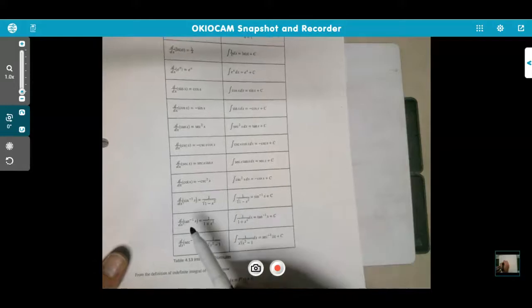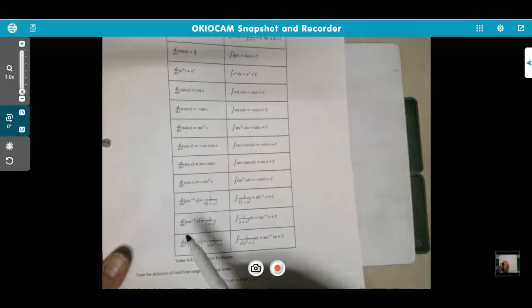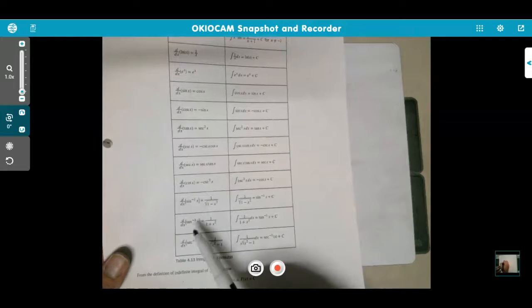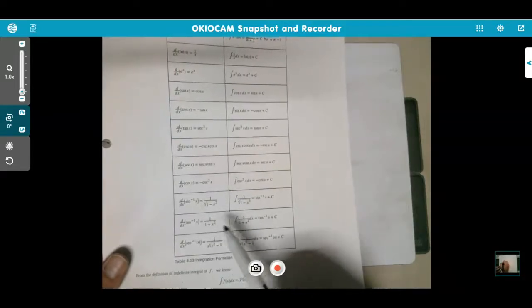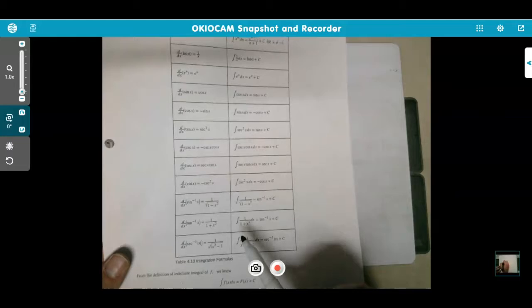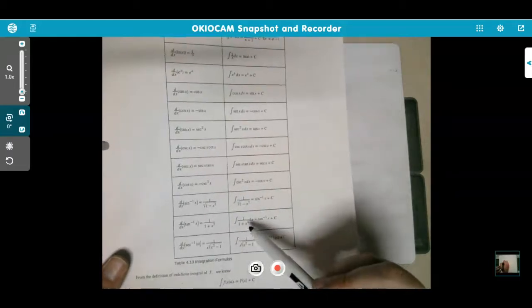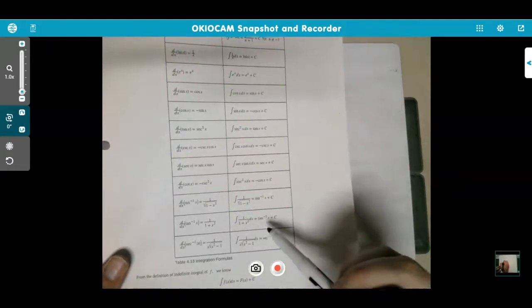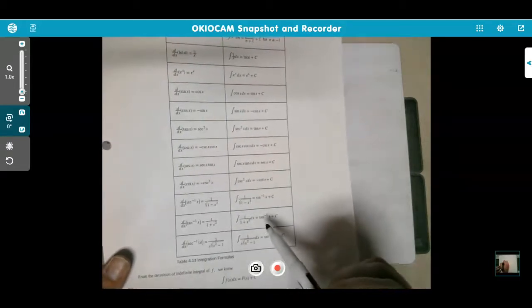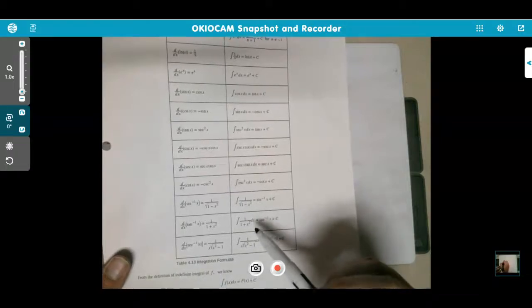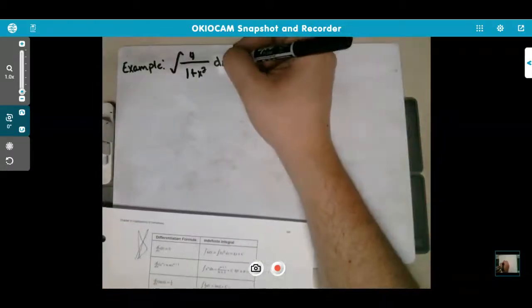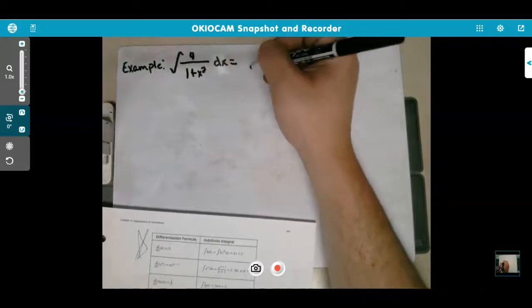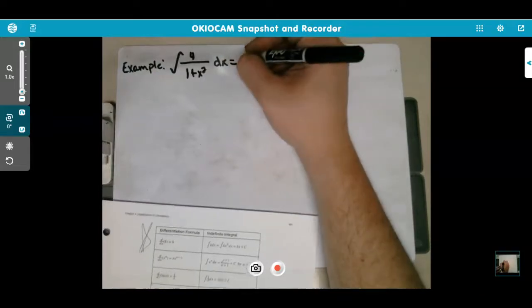We know from chapter 3 that the derivative of the inverse tangent of x is equal to 1 over 1 plus x squared. Therefore, the integral of 1 over 1 plus x squared is inverse tangent. Now this looks almost like mine, except we have a 4. So all I would do is just multiply that by 4.